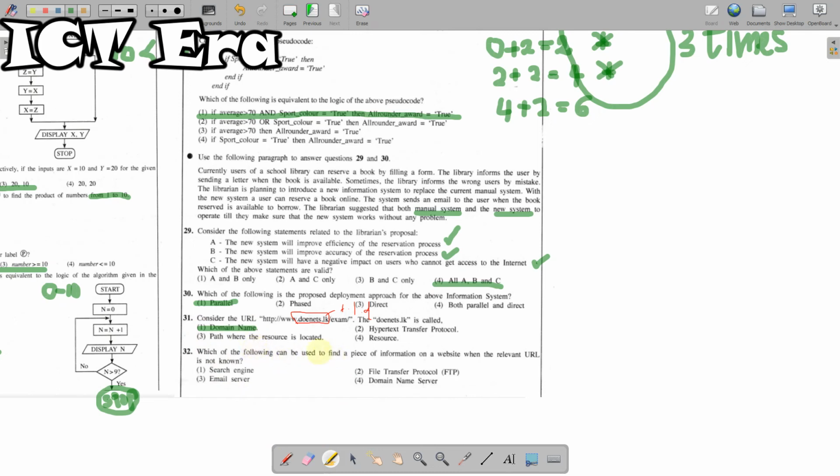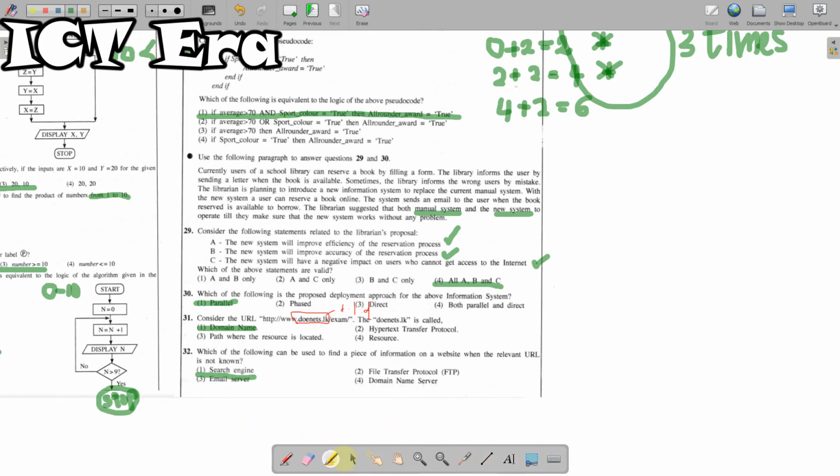Which of the following can be used to find a piece of information on a website when the relevant URL is not known? But what can we use? The search engine. That means Google, Chrome, like that.